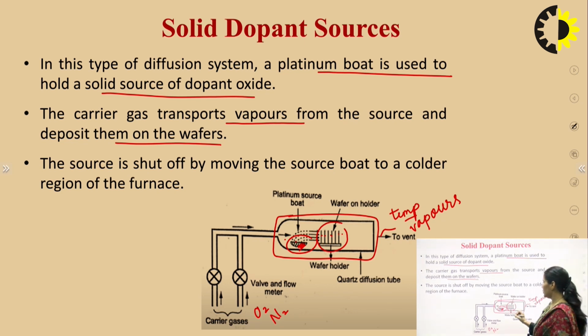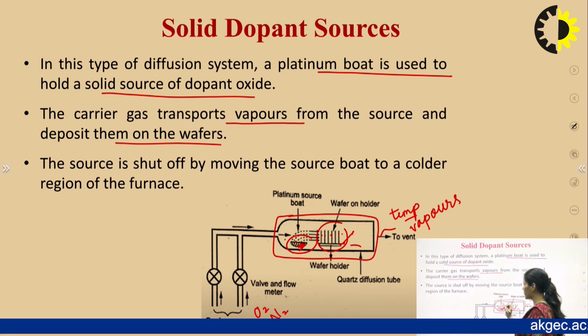Now this holder is moved to that section of the furnace where the temperature is low, and the vapors deposited on these wafers can be solidified. So this is the process of converting the solid dopant into vapors, and then the deposition of the dopant on the wafers with the help of the carrier gas.